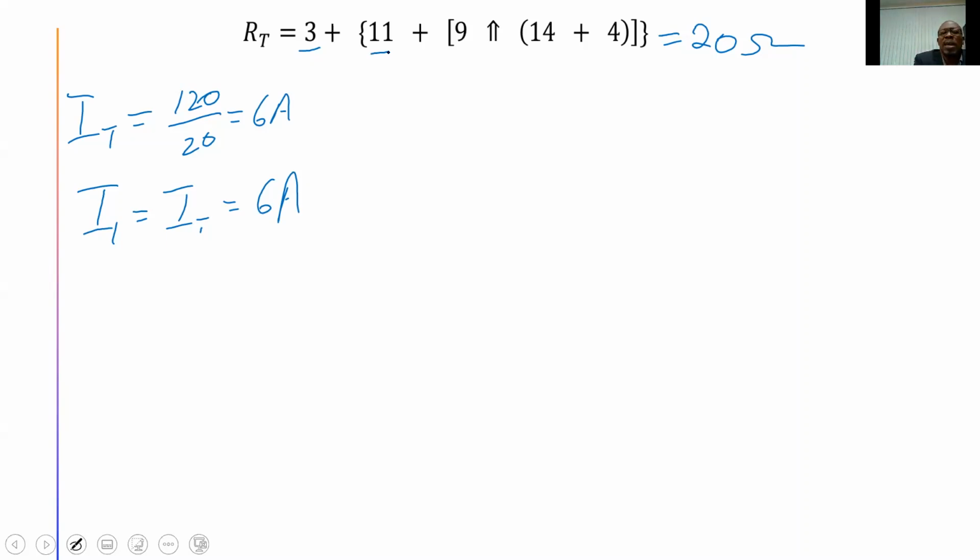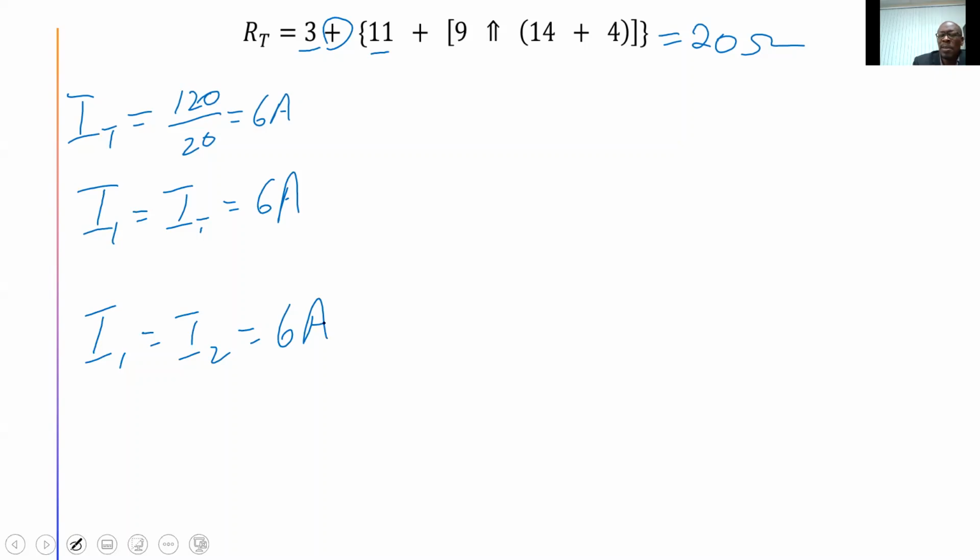And that resistor being in series with the 3 ohm resistor, based on the plus sign that we have here, is telling us that I1 would be equal to I2, which is equal to 6 amperes. So the current through the 11 ohm resistor is equal to 6 amperes.